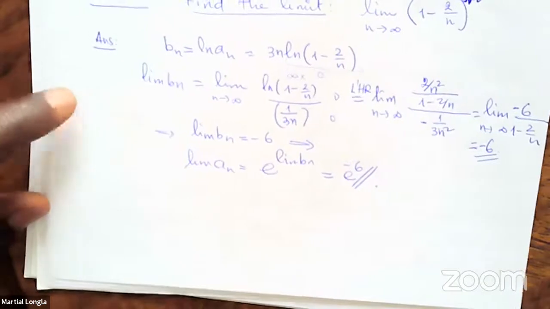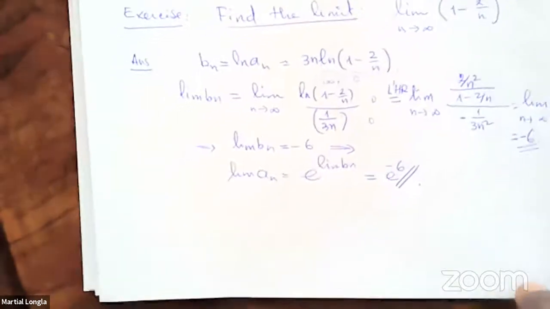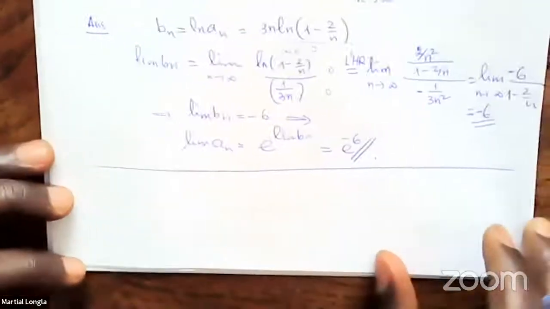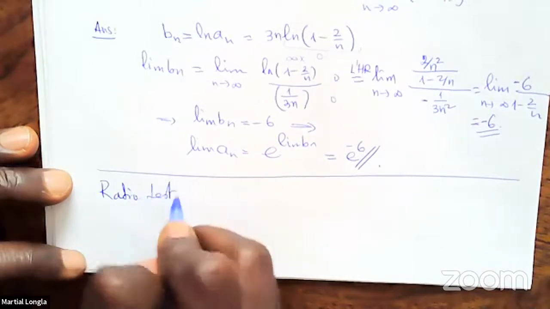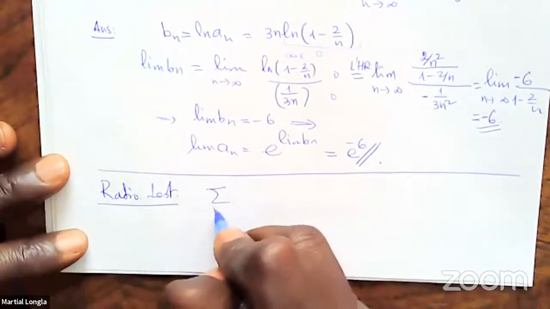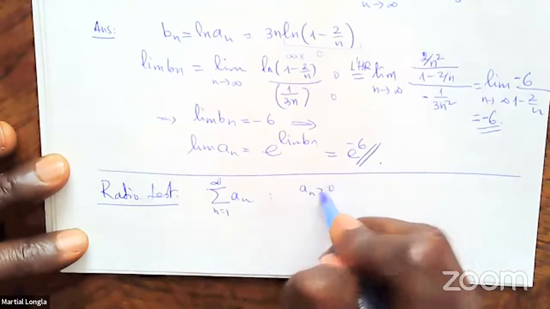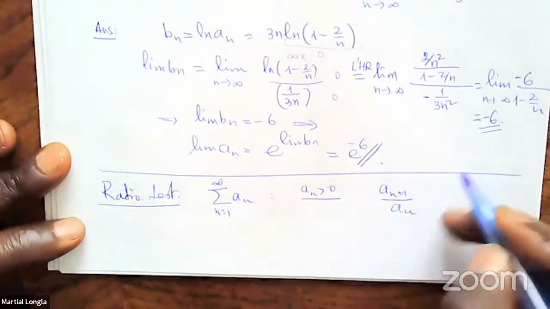You can find that question as well on your test one. The last thing to remember here would be, how do we do the ratio test? First of all, you need to have positive numbers, and you need to have an plus 1 over an.